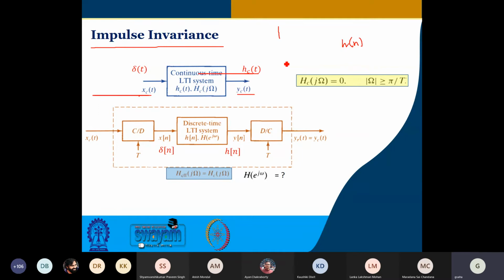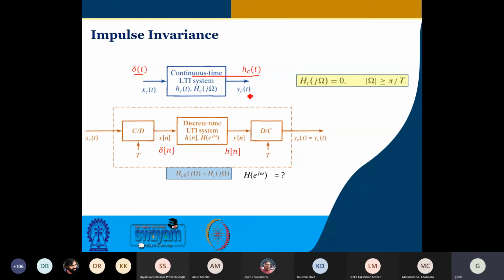So how are these H(t) and H[n] related? In the discussion that we have, we shall find that there is something called impulse invariance, which could be the approach by which we can achieve this equivalence. So this is the system. If you give delta(t) at its input, the output will be H(t).